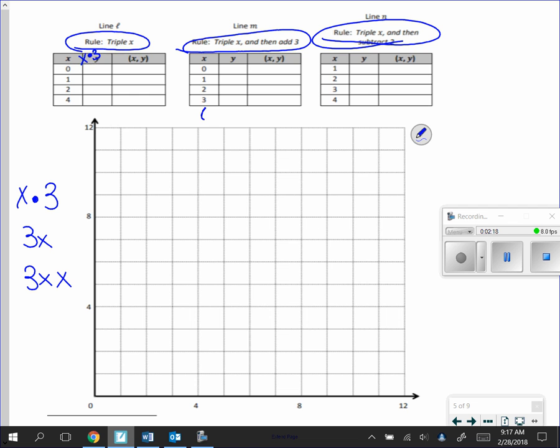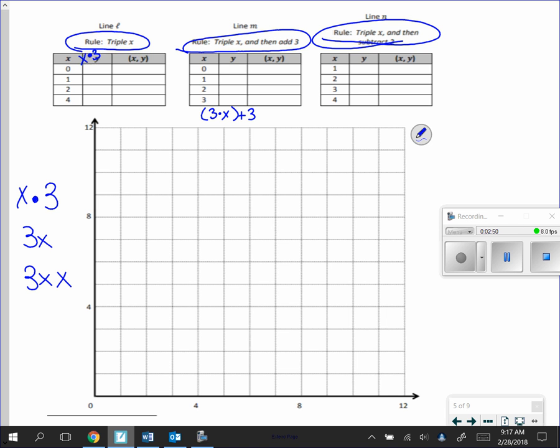So it's 3 times x, and then when I get this, I have to add 3 to it. So it's kind of almost like a little multi-step thing. I really have to pay attention to it. Let's take x, multiply it by 3. When I get that, add 3. So I hope you're not solving anything, because if you're solving, you're not listening. We're figuring out what we have to do first.